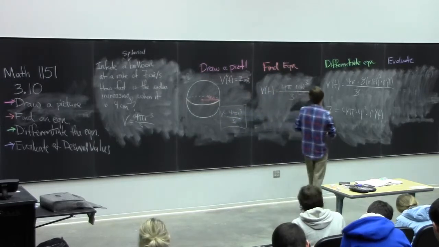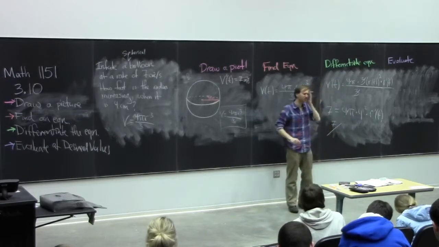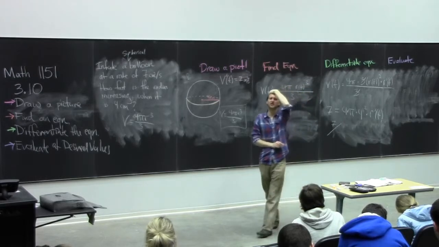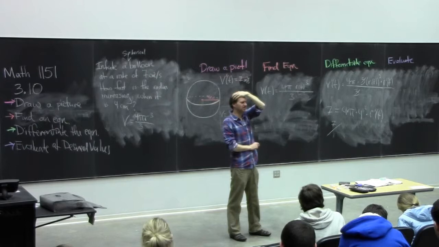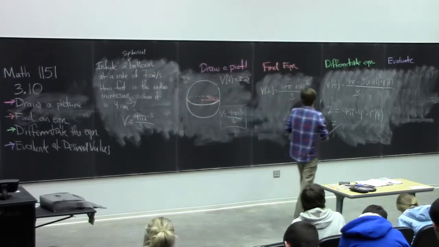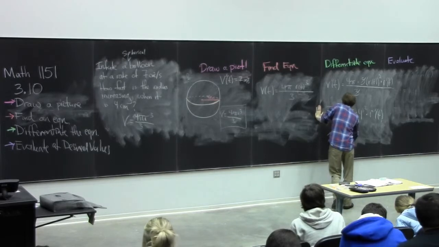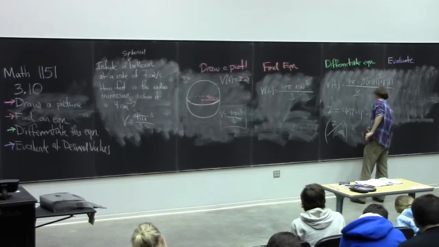So this is going to be 7 over 4 cubed. 4 squared is 16. 16 times 4 is 64. So 7 over 64 pi is equal to r prime of t.